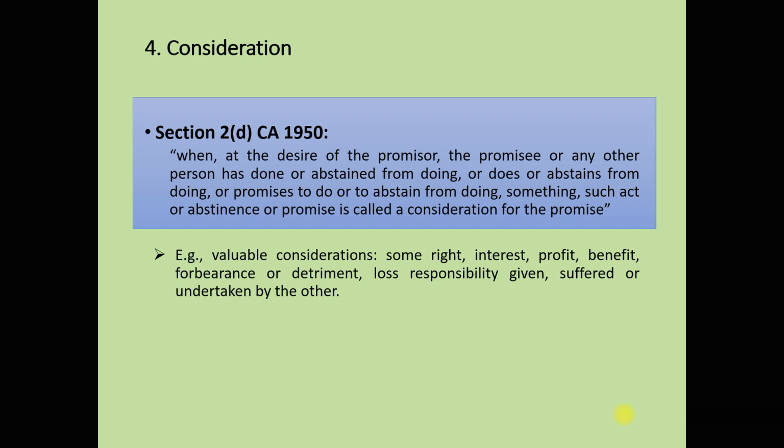The rule of consideration is that it must come from the promisee or any other person on behalf of the promisee. So a third party may also act on behalf of the promisee. Okay, that is number one.